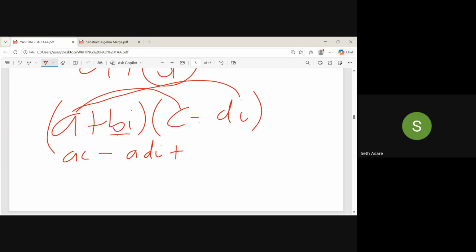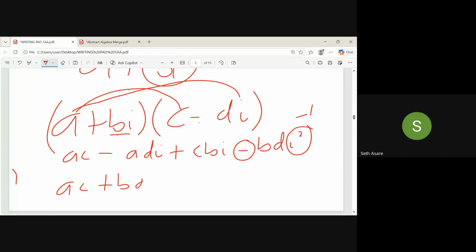Now we are going this one and this, so that one becomes cbi. Then minus bdi squared. This i squared here will be minus 1, so it is going to convert this sign into positive, right? So we are going to have ac plus bd.